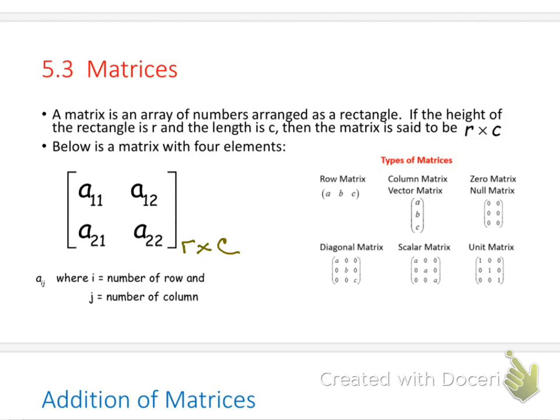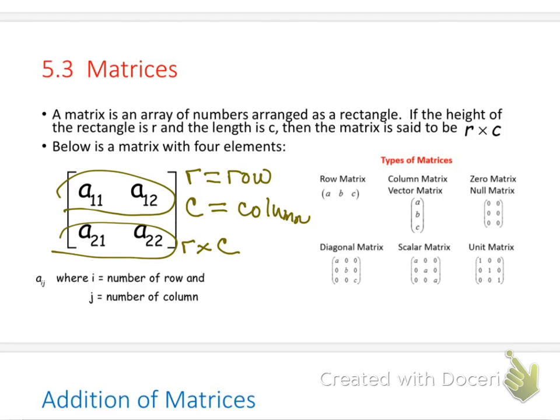R equals row, and C equals column. This is a row. We have 2 of them. This is a column. We have 2 of them. The columns are vertical.